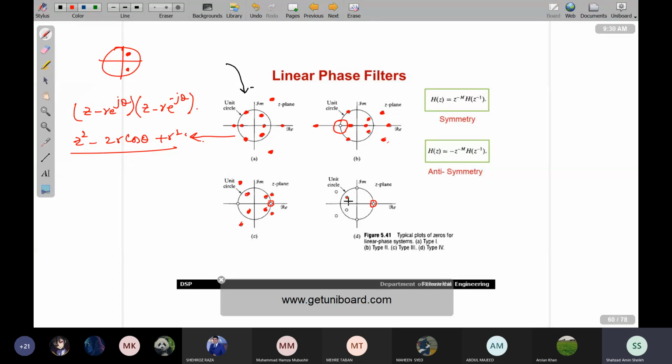And again here as well. But in type 3, there was one more restriction, that there must be a zero at z is equal to -1. So that's the situation, that how the zeros are located on your z plot. Questions, please.